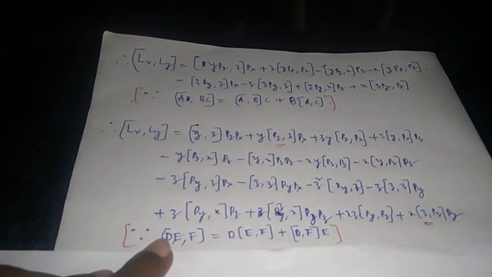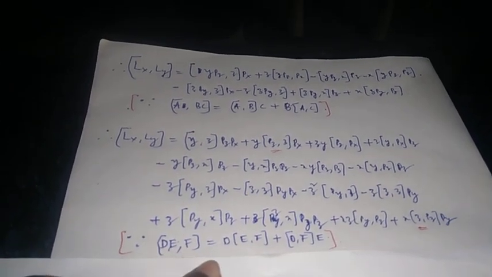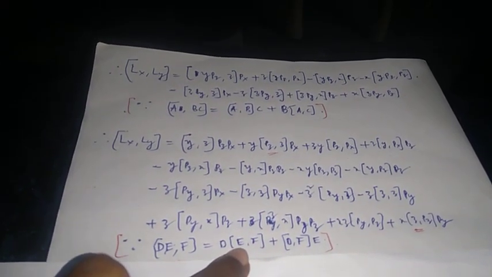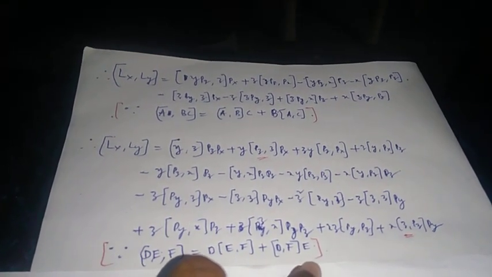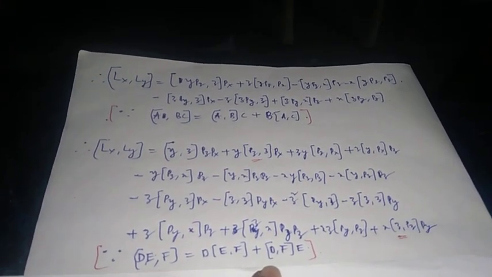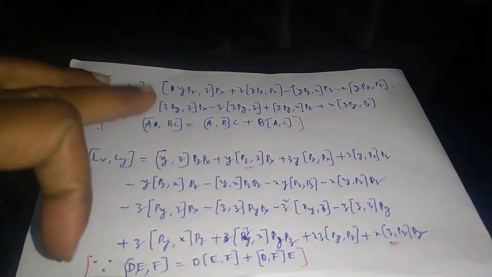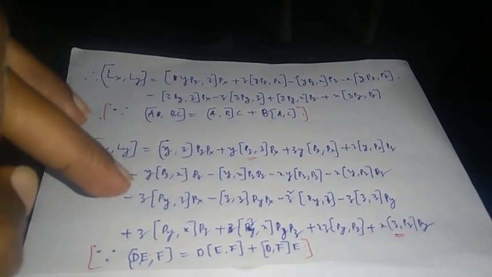And again, by using the fact that the commutator of de with f can be written as d outside and the commutator of e and f, and e towards the right, and then the commutator of d and f, if you write all those 8 terms, it will become 16 terms now.